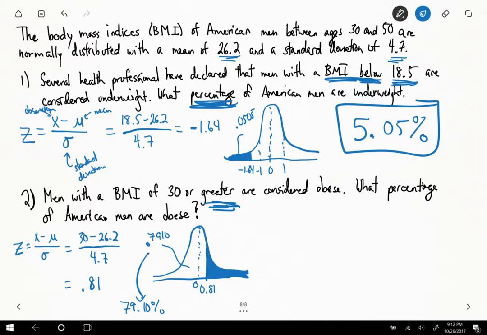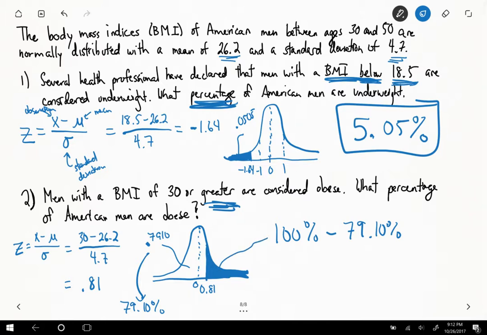But what's the total percentage of this whole thing? When you look at it, the total percentage has to be 100%, because all the observations altogether is 100%. So what happens at the end of the day? Our answer can be found by taking 100% minus the 79.1%. Why? Because that would be this amount in the shaded blue region.